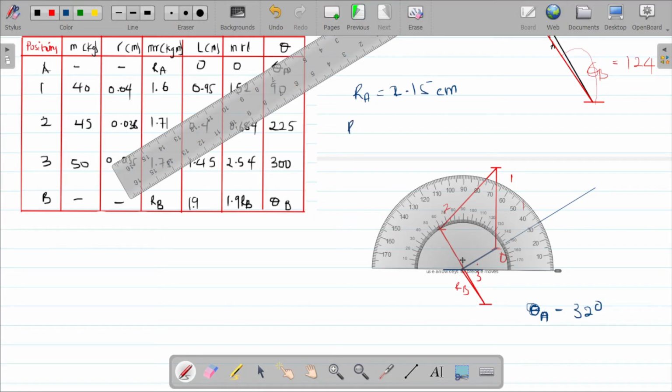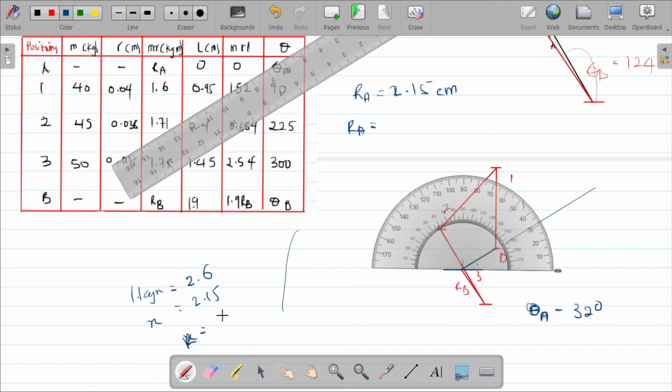Now RA is equal to this. So if I want RA in kilogram-meter, because I know 1 kilogram-meter is equal to 2.6 from the scale I used, how much of this will be equal to 2.15, which is 2.15 over what?